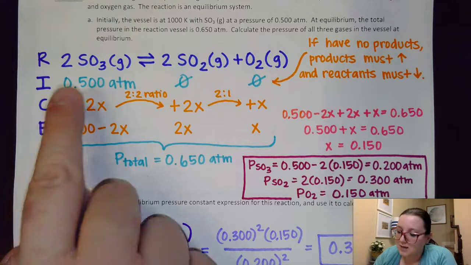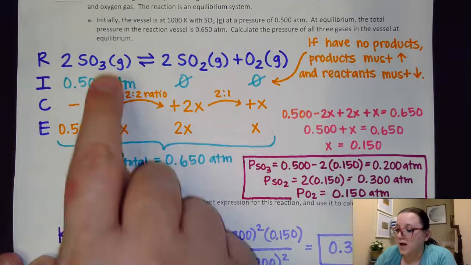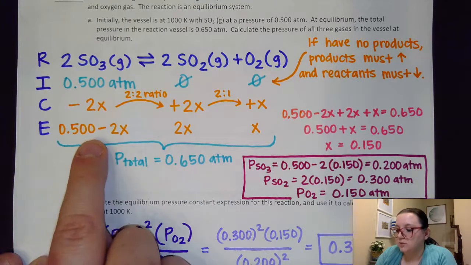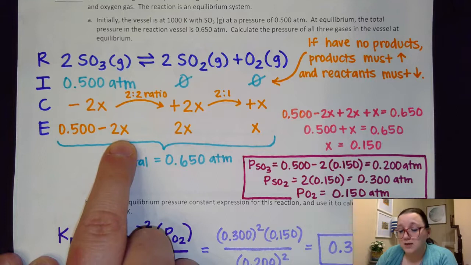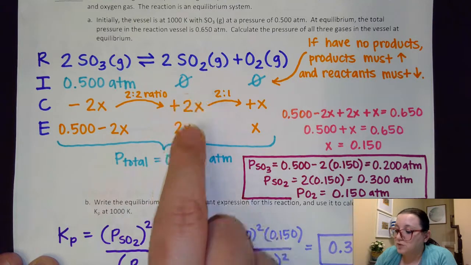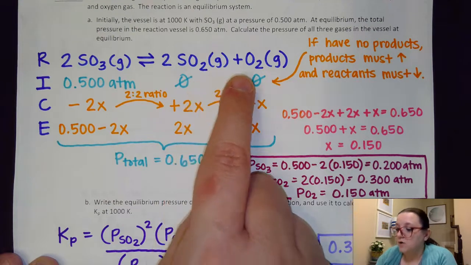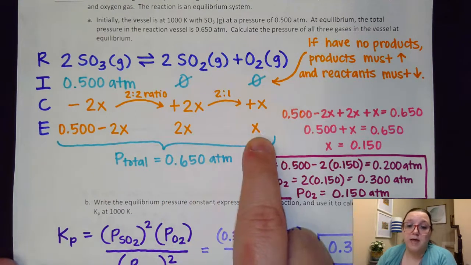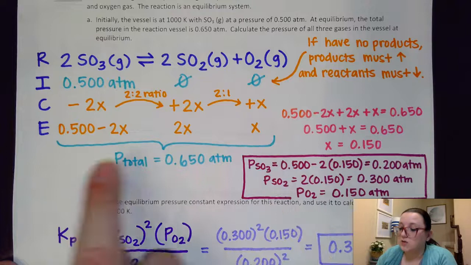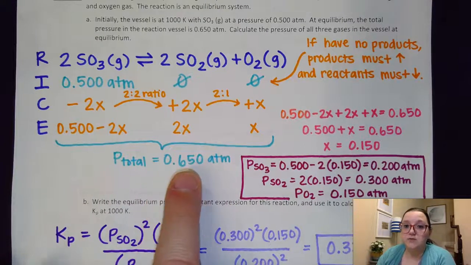So with that said, at equilibrium, I would have 0.5 minus 2x for the pressure of SO3. I would have 2x for the pressure of SO2, and for O2, my pressure would simply be x. And as we said, the total pressure is 0.650.